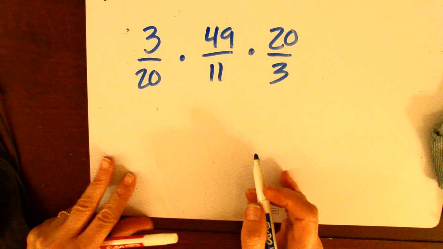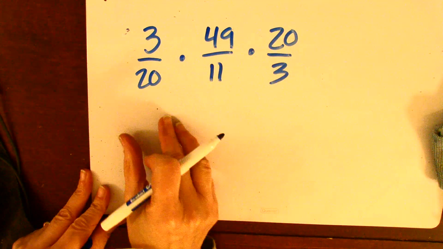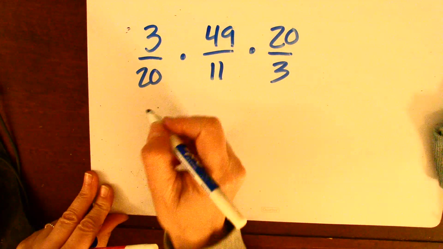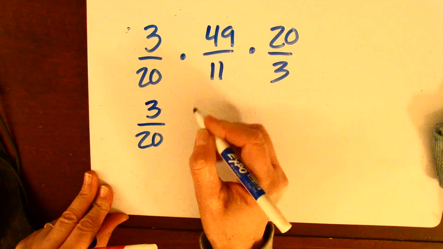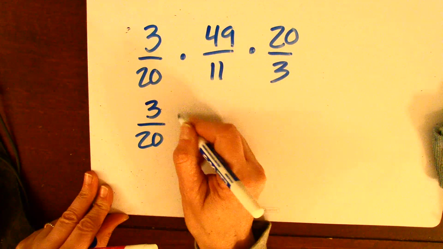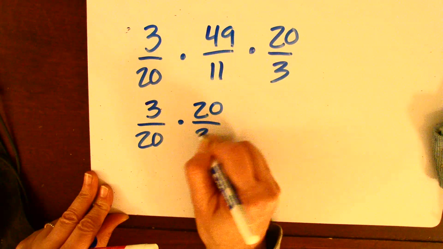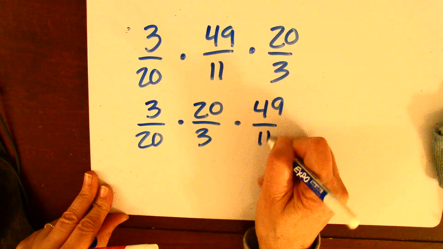Because of commutative property, we could move this closer to the 3/20ths and then do some canceling. So instead of writing it this way, I've got 3/20ths times 20/3 times 49/11ths.